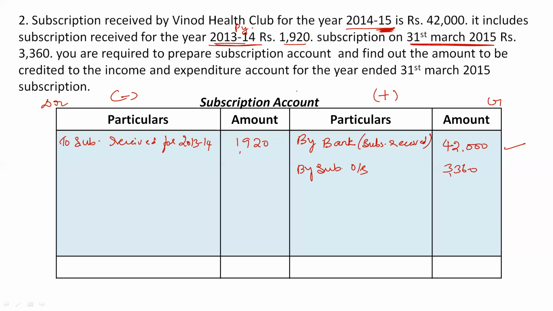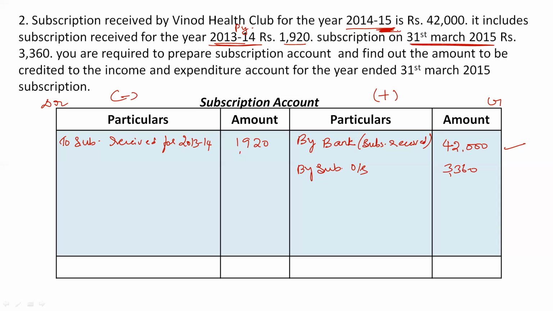Then what is given? You are required to prepare the subscription account. Find out the amount to be credited to the income and expenditure account for the year ended 31st March 2015. That's all. Everything is done. Only one item was related to the previous year, which we have deducted. If there are any advances given in the question, advances for the year 2015, we will deduct them.